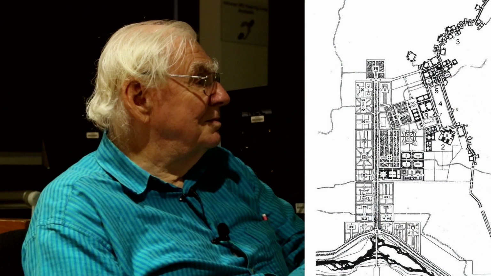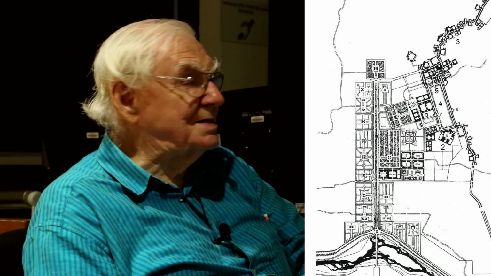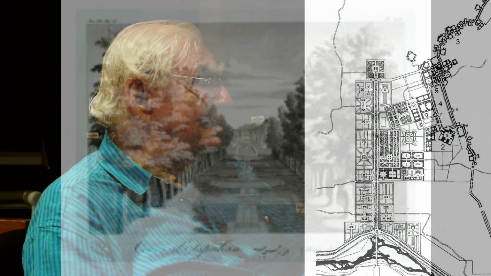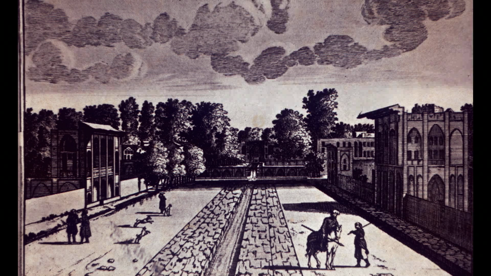And finally we come to the other great embellishment of the city, which was this great formal street, the Shahbagh. So here is a contemporary drawing of it, and another one. And all the way along it, you had the gateways of the palaces that were owned by the nobility on either side.